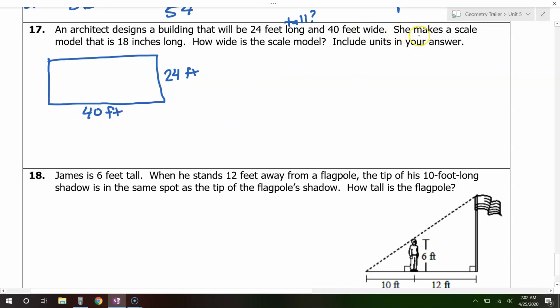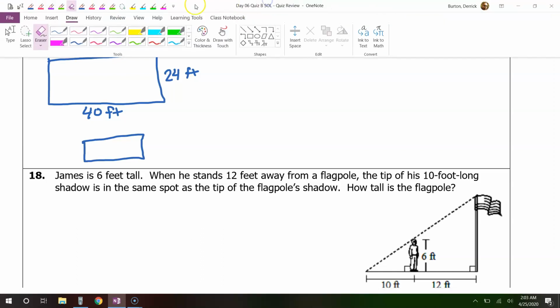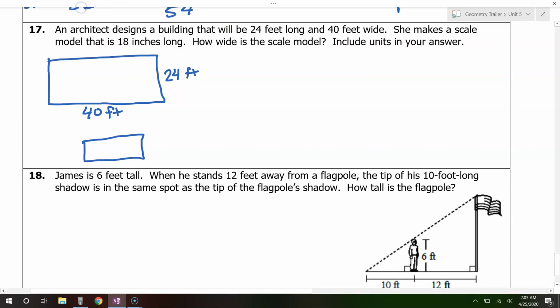Okay, but then she makes a scale model that is 18 inches long. So here comes the scale model. I guess I really have to stick to the words that they're using. So here's the scale model, and this is going to be smaller. I can't switch the words and say tall, even though that would make more sense to me.